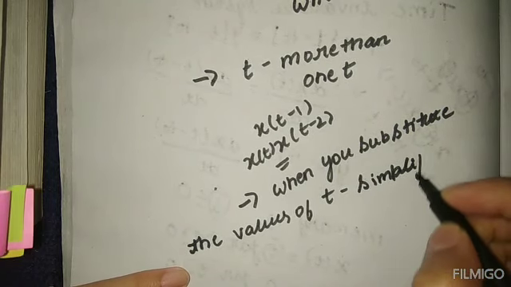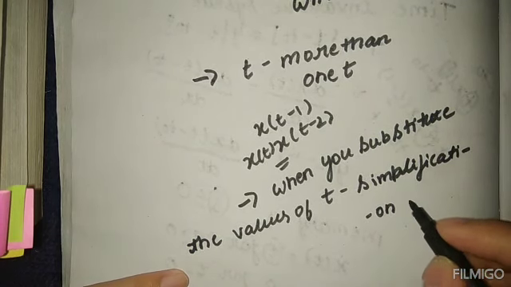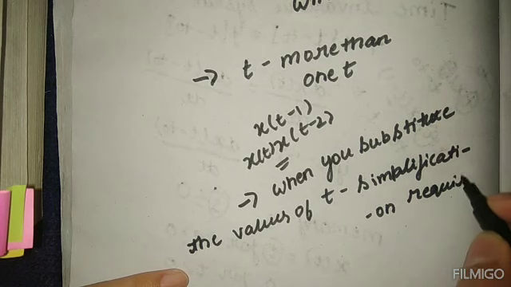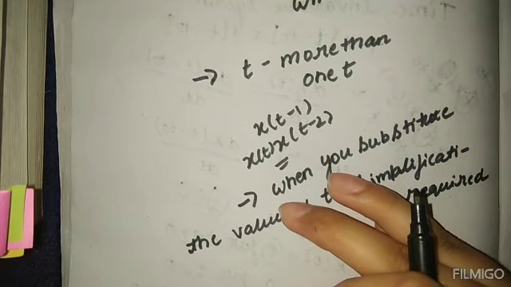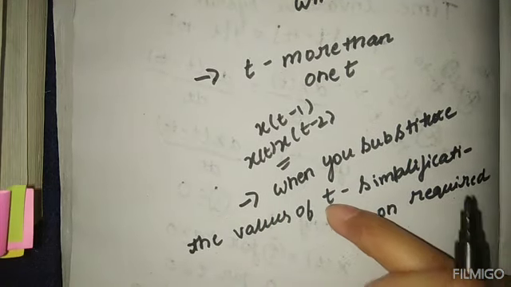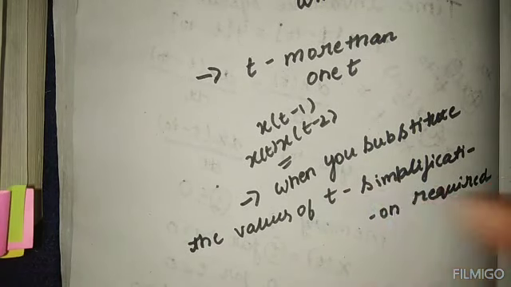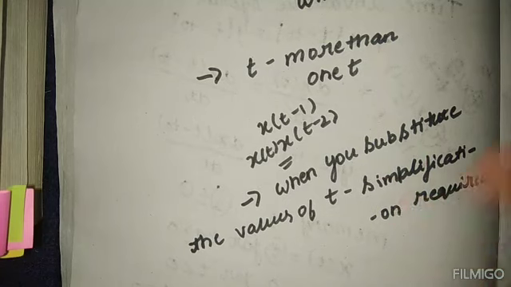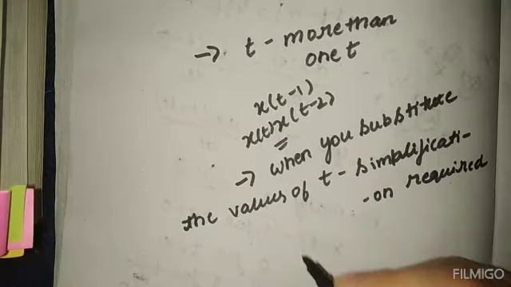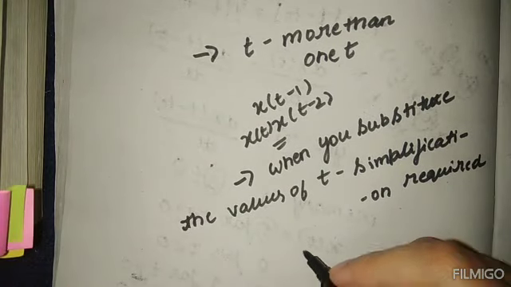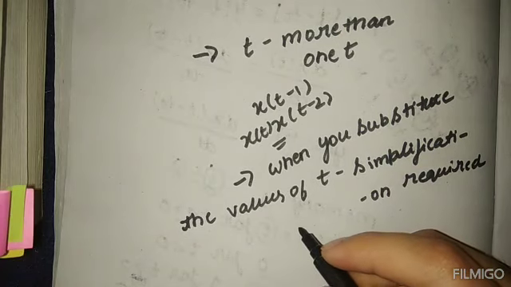If some simplification is required even after substituting the value of t, then you can say that it is not a memoryless system, right? Because when you substitute the value of t and do some simplification, that simplification will yield a different value other than t. So for those kinds of questions, you can directly say that they are not memoryless, and they might be causal or not causal depending upon the output. That is, it should not depend upon future values for causal. If it depends, then it is non-causal.